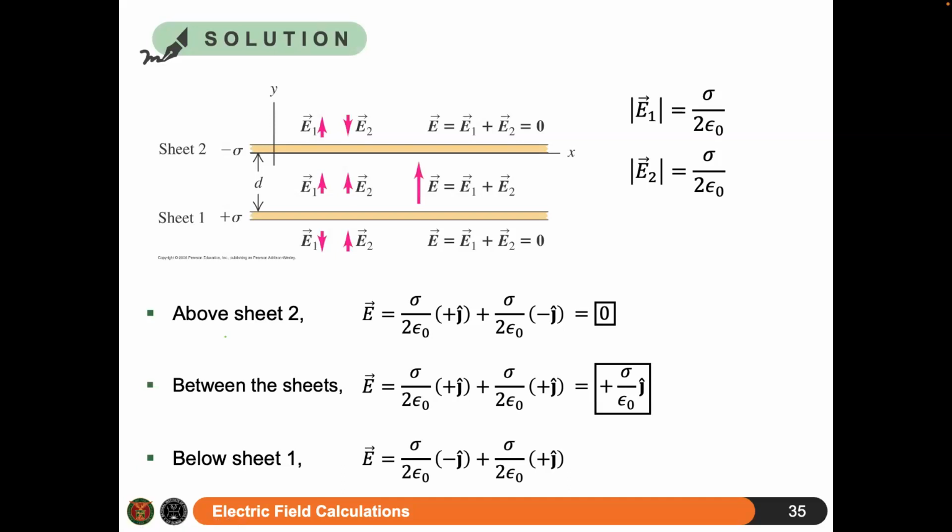And below, they cancel again. So the electric field due to two infinite planes of charge with opposite signs is only in the middle. You have no electric field above or below.